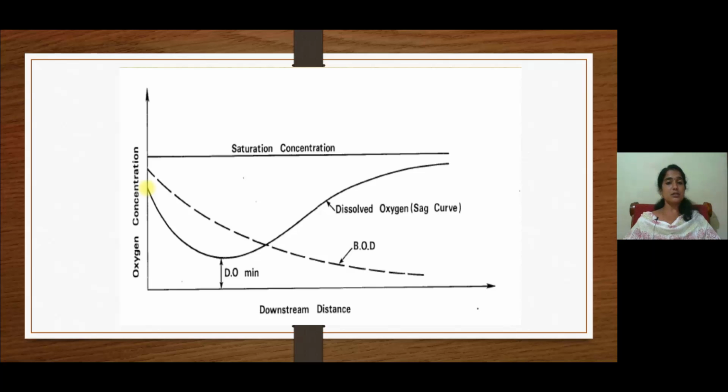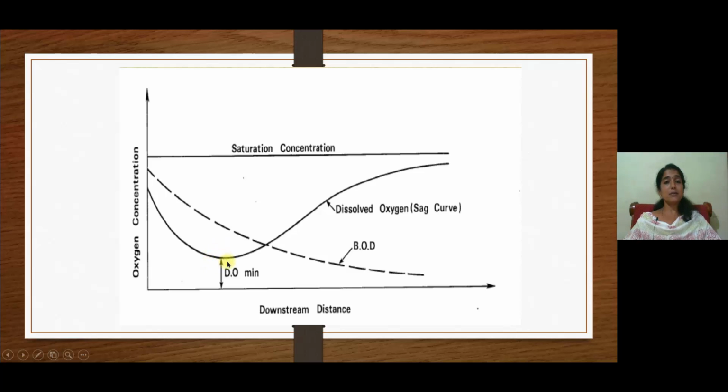And in the first zone, that is our preliminary zone, the dissolved oxygen content will get reduced due to the pollution in the wastewater, and then a minimum dissolved oxygen content will be reached due to the decomposition of organic matter in the wastewater.